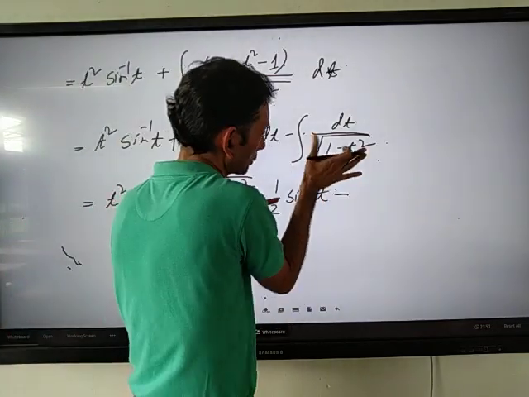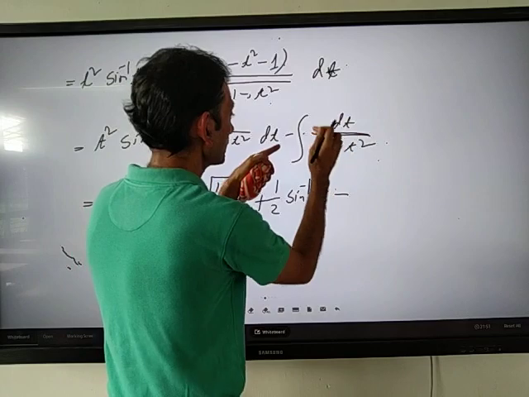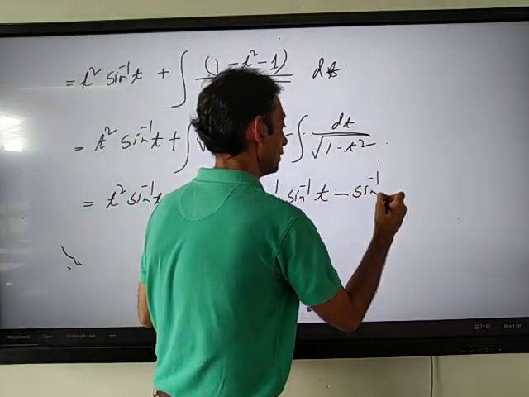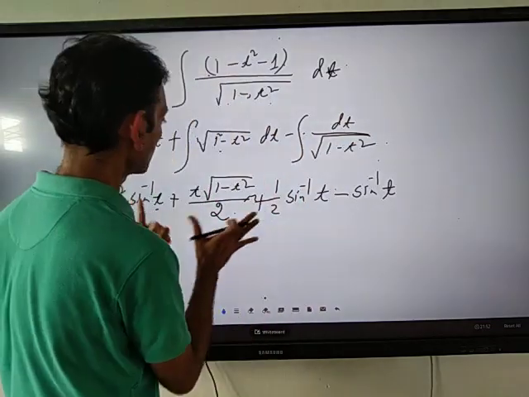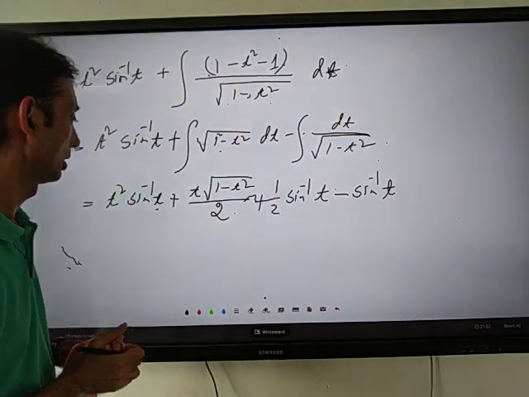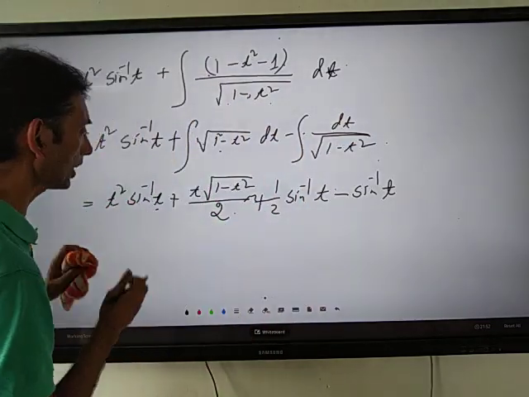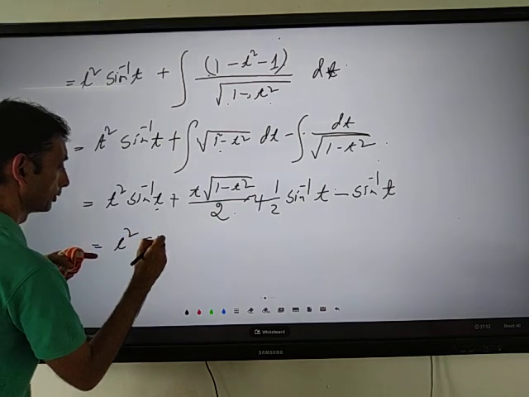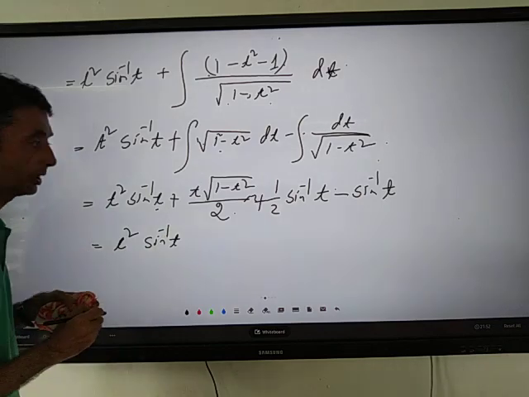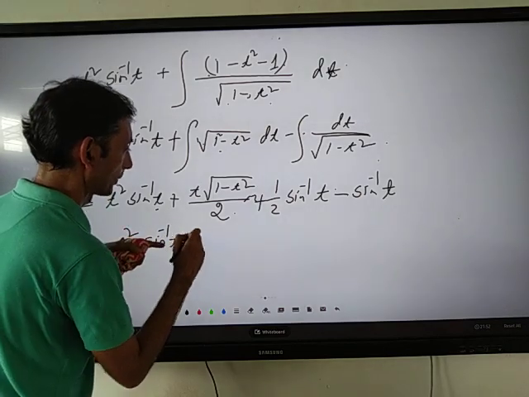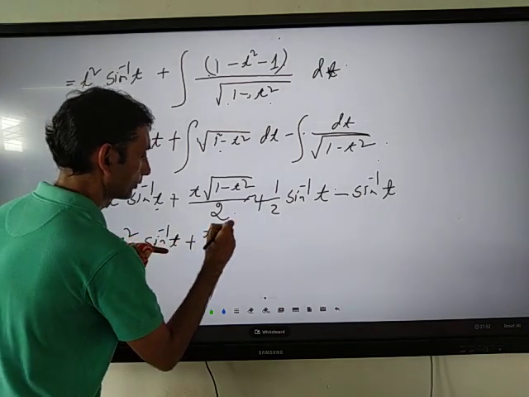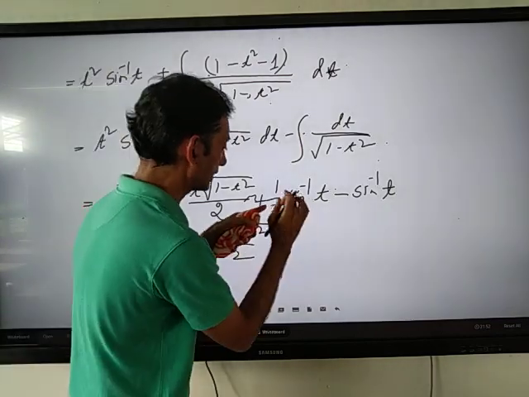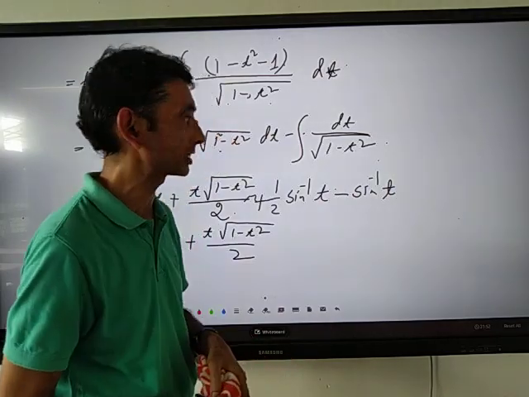Alright. Now this is also another standard integral, that is the integration of dt by under root 1 minus t squared is sine inverse t. So for solving all these questions, you have to remember all the formulas. Okay, and we can simplify a little more. This is t squared sine inverse t, fine, and plus t 1 minus t squared by 2, and these two terms, that is half sine inverse t minus sine inverse t.